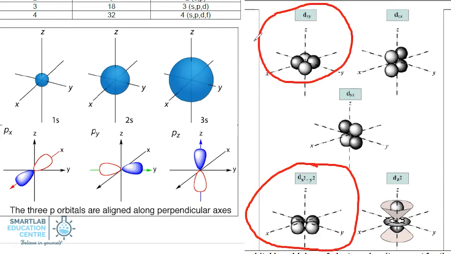One of the differences is that you can see that the x, y, z axes do not cut across the region of electron density, whereas down here, you can see that they run in the same direction as the electron density. Second, obviously, this one sits on the xy plane. This one is along the axes in the xy plane. In terms of similarity, you can see that there are 4 separate regions. Their shapes are exactly identical. And one more factor that you can add on is that each of these orbitals will be able to hold up to a maximum of 2 electrons.